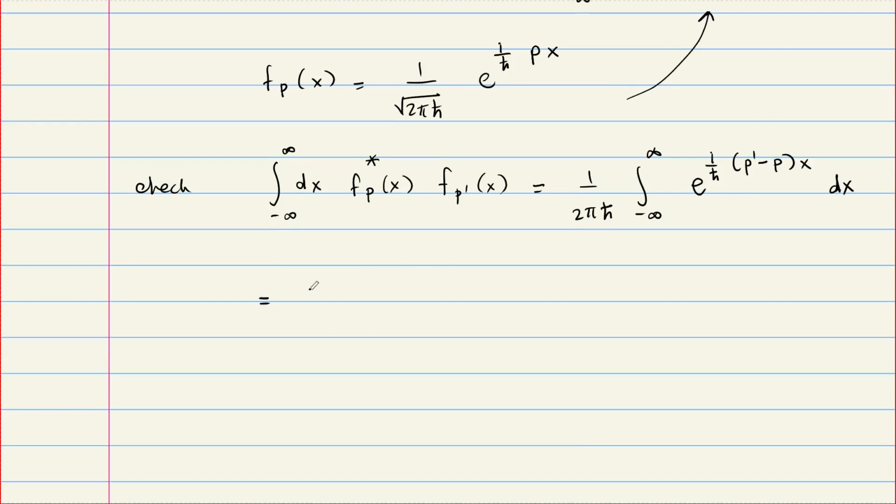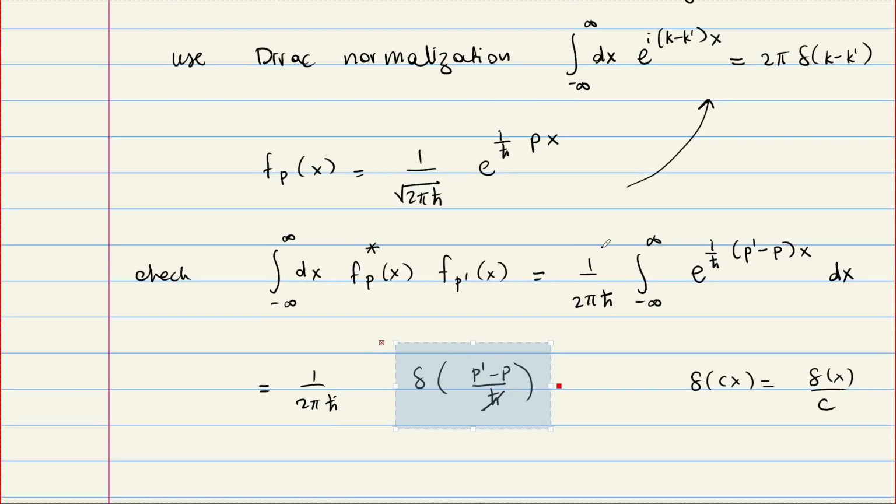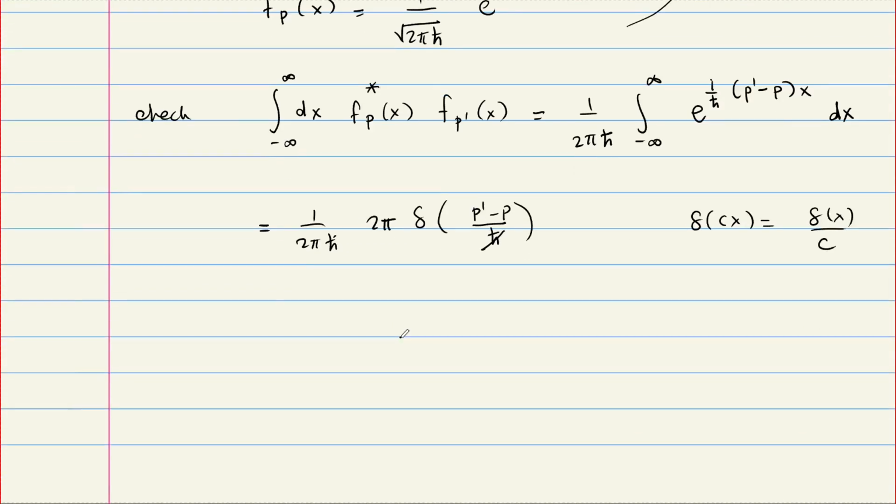Then I use the Dirac identity, so this is 1/(2πħ) times 2π δ((p'−p)/ħ), because I also have ħ here. And we use delta(cx) = delta(x)/|c|. Then this ħ is going to cancel, and there's also the 2π, which I forgot. This gives us delta(p'−p).